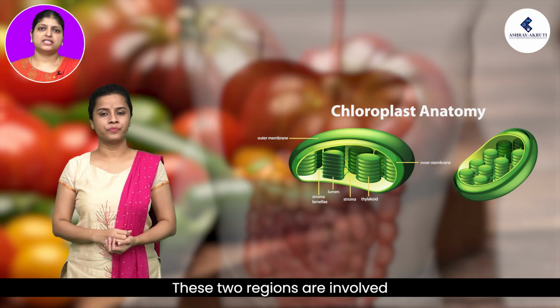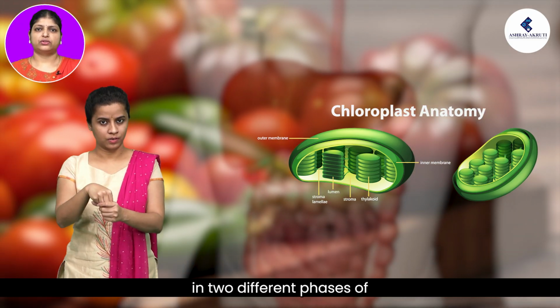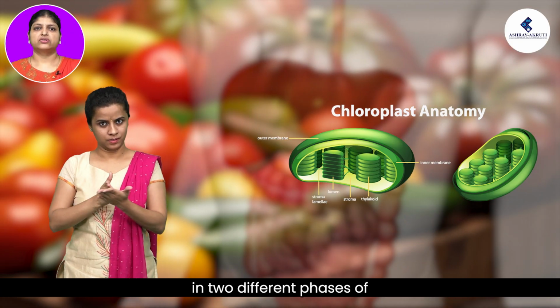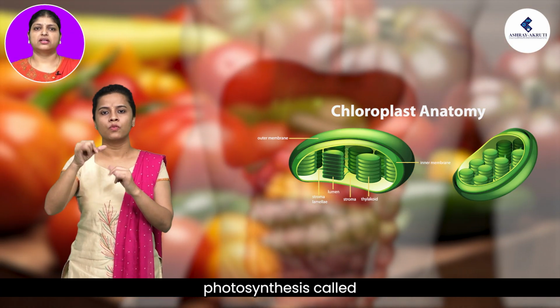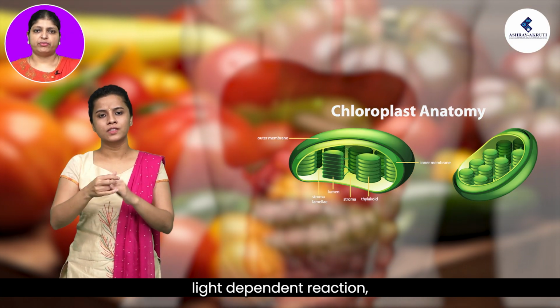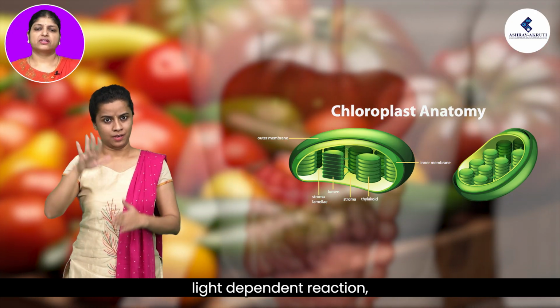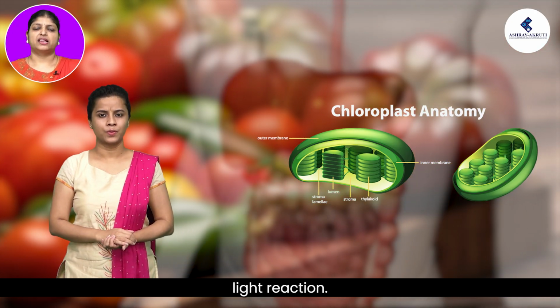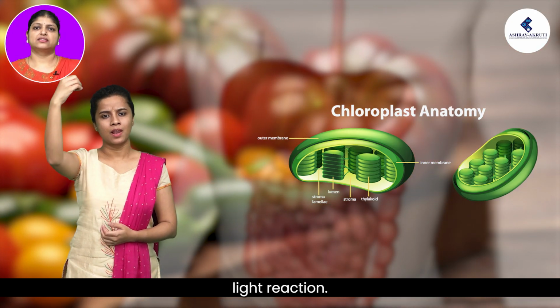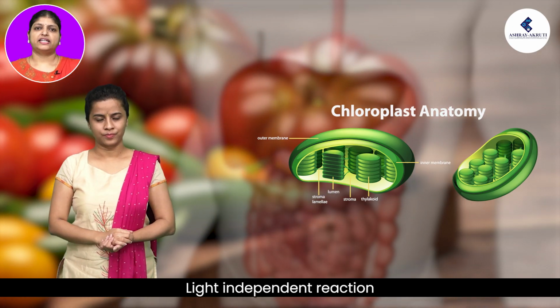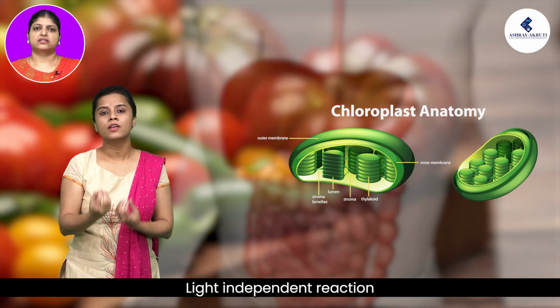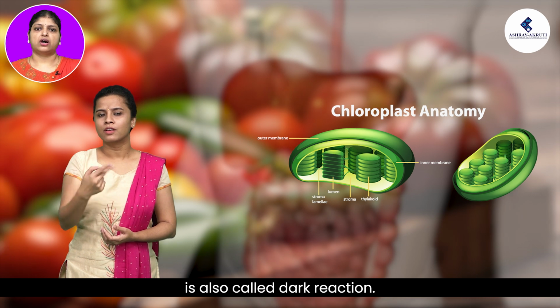These two regions are involved in two different phases of photosynthesis called light dependent reaction, which is also called light reaction, and light independent reaction, also called dark reaction.